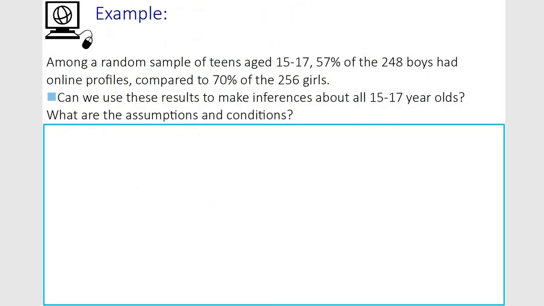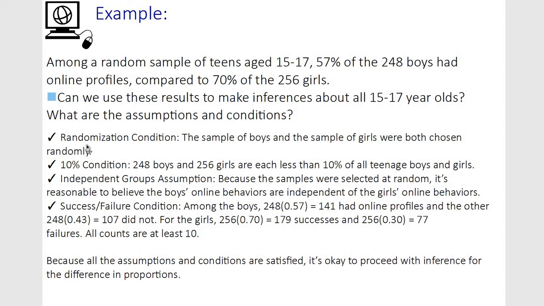All right, let's do another example. So among a random sample of teens aged 15 to 17, we've done this one before. Well, can we use these results to make inferences about all teenagers or all 15 to 17-year-olds? So what are the assumptions and conditions? So let's go through them. Randomization. The sample of boys and the sample of girls were chosen randomly. Okay, they even said it in there. 10% condition. All right. The number of boys and girls total are each less than 10% of the total population.